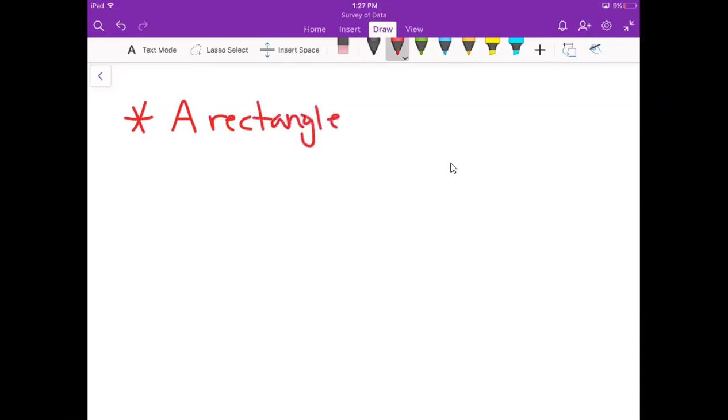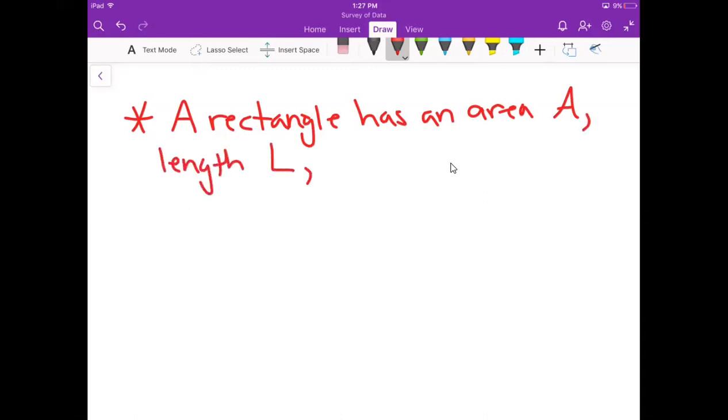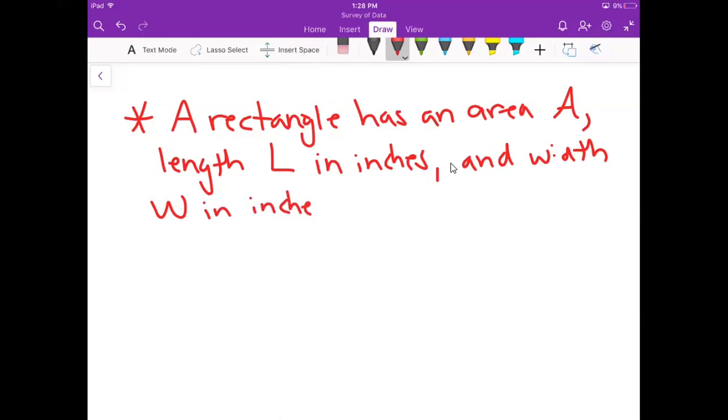We're going to think about a rectangle that has an area A, so just capital A is a symbol that represents area, a length L, so L is representing the rectangle's length. Oh, and you know what? I need to put a little something else in here. Specifically, that length is going to be in inches. And that rectangle is going to have a width represented by a capital W. And that width is also going to be in inches.